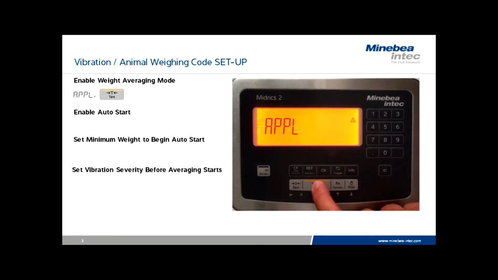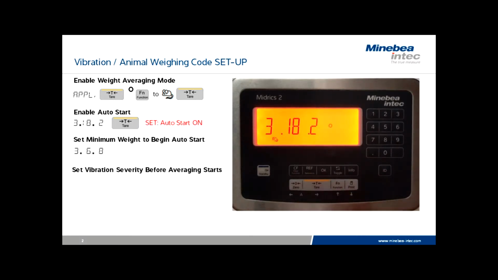APPL is displayed, and we scroll until we see the mouse icon appear on the display, pressing tare again to confirm that selection. Now we're going to set up the Enable Auto Start, which is option 3.18.2. Once achieved, press tare. Auto Start is now set.